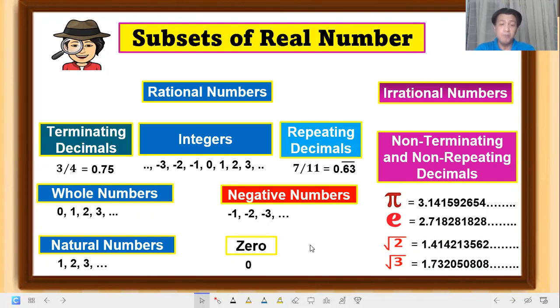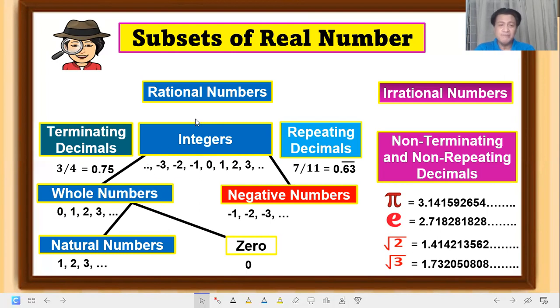Okay, if we are going to make a justification or conclusion, ano yung relasyon ng bawat isang grupo? Kung mapapansin natin dito, si natural number or counting numbers, pag pinagsama natin sa 0, ang tawag na sa kanila ay whole number. Okay, kaya ang whole number start lagi kay 0. Okay, pag pinagsama naman natin yung whole number tsaka yung negative, ang tawag na po dyan ay integers. Ano ba yung meron sa integers?